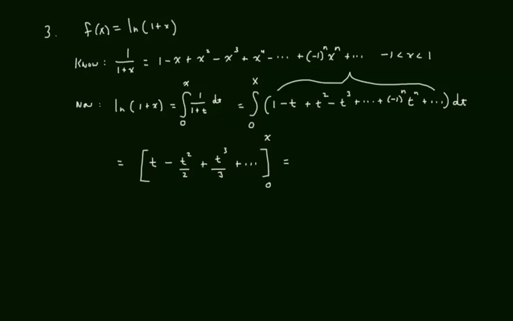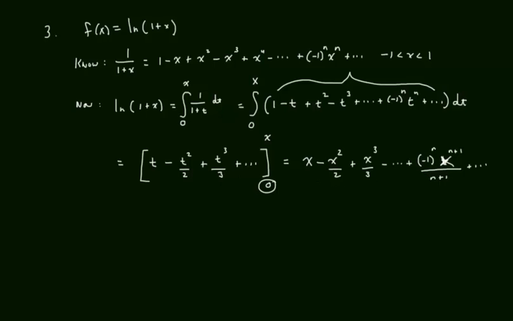Now when I employ the fundamental theorem, I have x minus x squared over 2 plus x to the power of 3 over 3 minus dot dot dot plus, well, what is this going to be? -1 to the n, x to the n plus 1 over n plus 1 plus dot dot dot. And oops, this is an x, not a t anymore because we plugged it in.